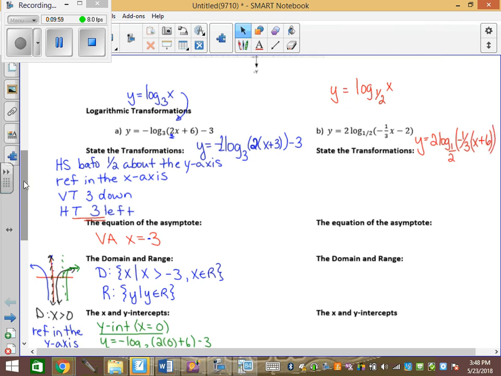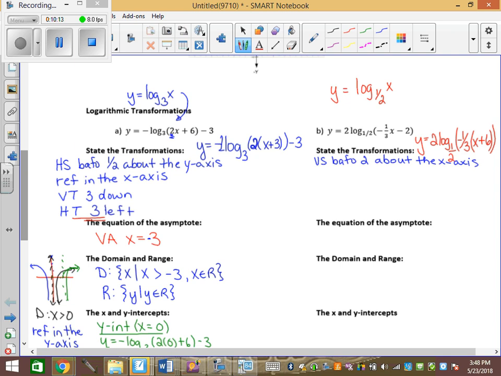So what are my transformations? Well, I have a vertical stretch by a factor of 2 about the x-axis. That half does nothing. It's the same base. I have a horizontal stretch by a factor of 3. Remember, your stretches are never negative.